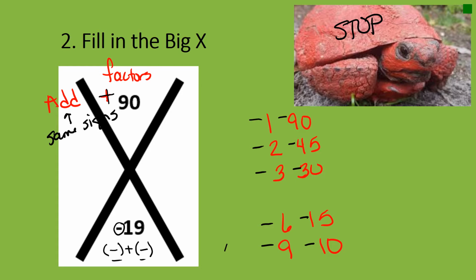And I'm looking for negative 19. Negative 1 minus 90, negative 91, no good. Negative 2 minus 45, negative 47, no good. Negative 3 minus 30, negative 33, no good.